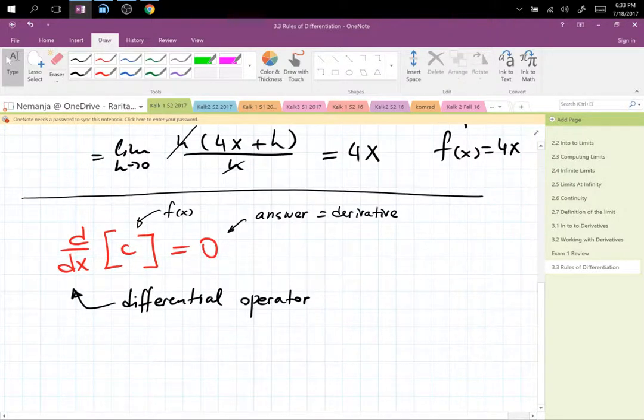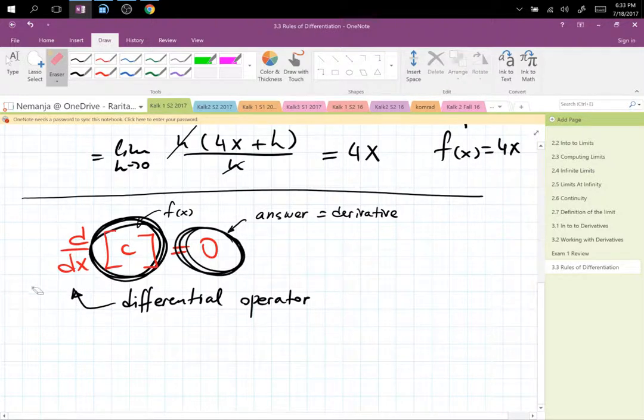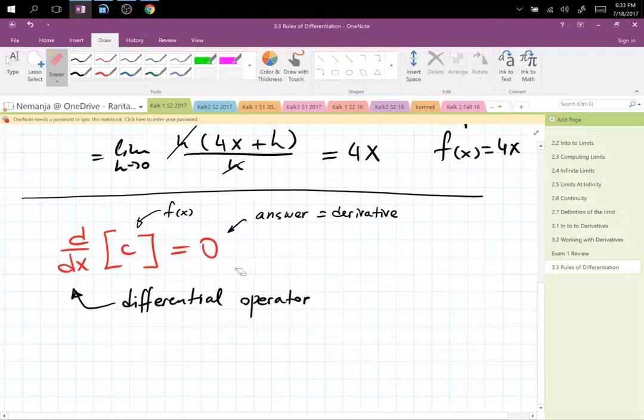What this statement technically says is, look at the board, take the derivative of a constant to get 0. So this d dx is an instruction. We are going to dissect that further and get more meaning out of that statement, but for right now, we are learning how to properly read and understand it.